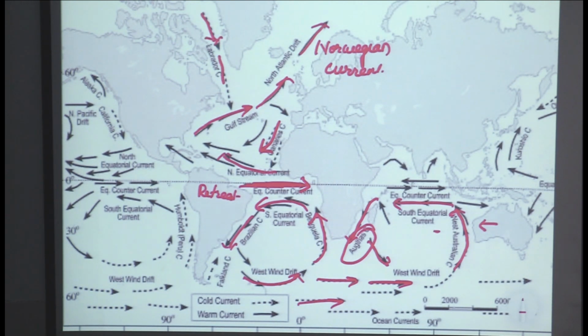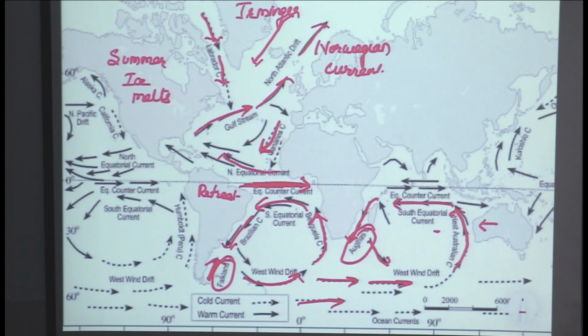Labrador current here, or we have got Irminger current here. Similarly, Falkland current can be seen here. These are basically summer specific currents. When during summers ice melts, they tend to generate these currents. So they are specified, they are not always common.